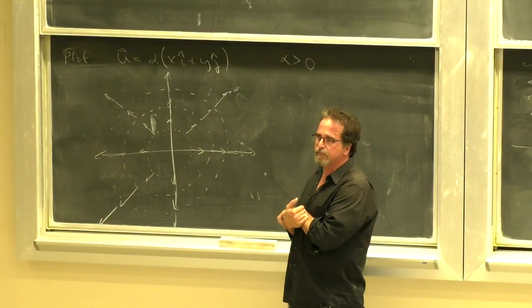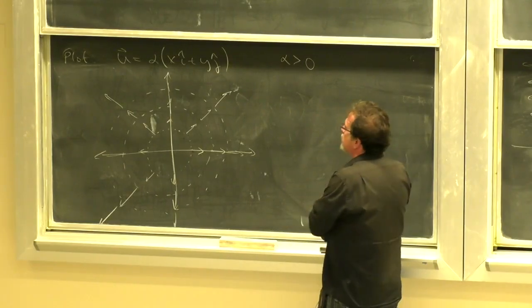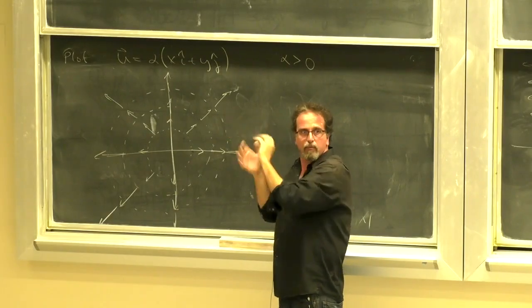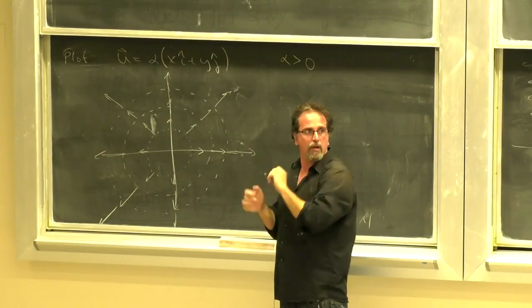Now, for those physics folks in the audience, what you should do is draw these radially outward pointing vectors, getting bigger and bigger and bigger as you get farther away.